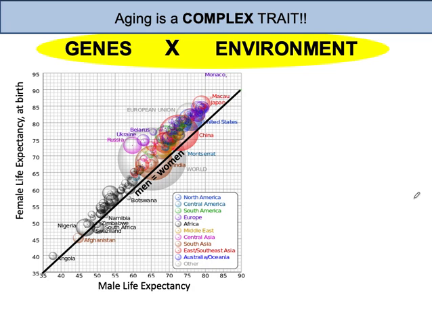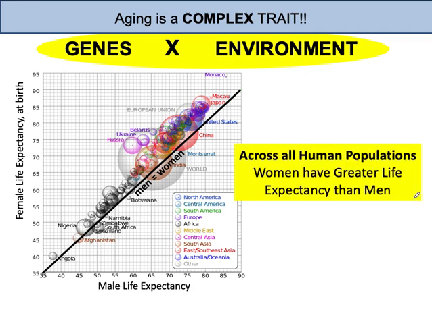And so if populations fell along this line, it would mean that life expectancy was the same for both sexes. And the thing that we observe is that for the most part, across most of these populations, women have a greater life expectancy than men. And so this could be due to both genetic and environmental factors.